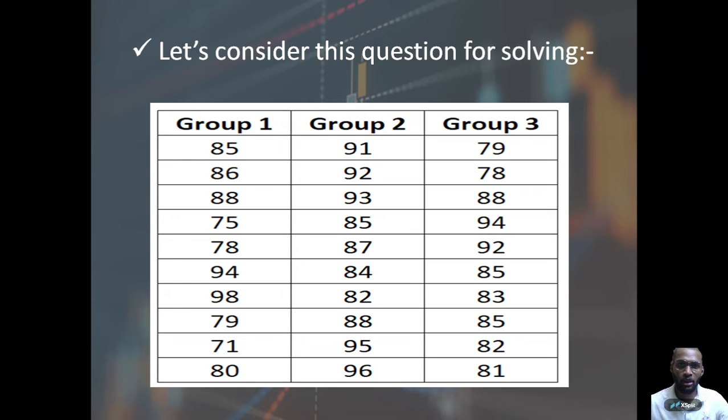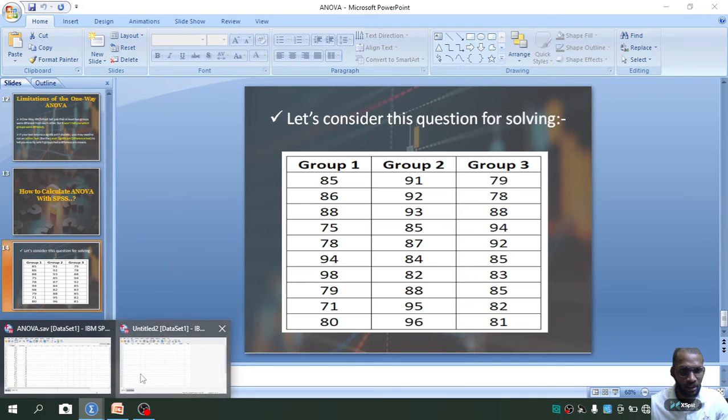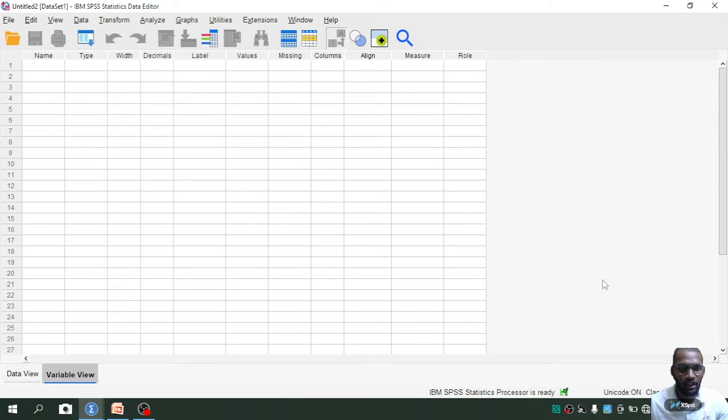So let us consider this data for calculating with SPSS. So let us take the SPSS. This will be the initial dialog box which opens while opening the SPSS. In this, first you have to go to the variable view, then go to the name.